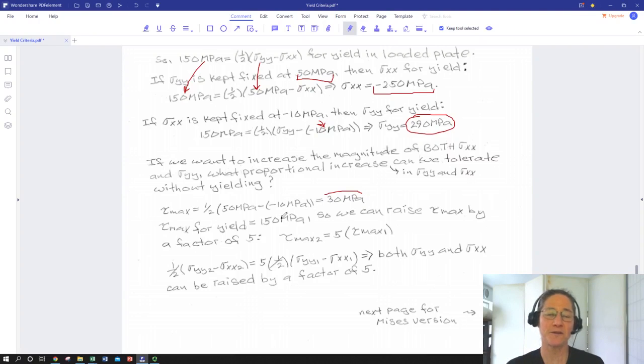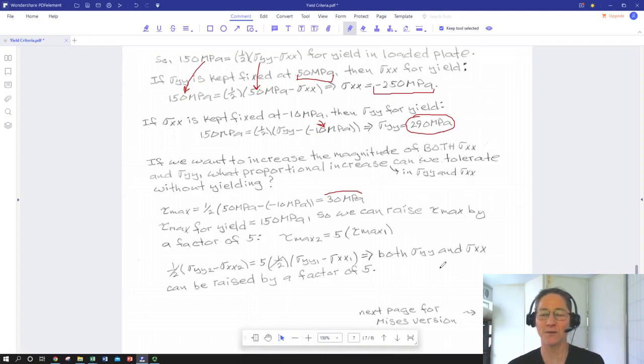We'd need 150 for yield, so we've got to increase the shear by 5 times. So basically what we could do is increase both the Y and the X by a factor of 5. Any one of those.